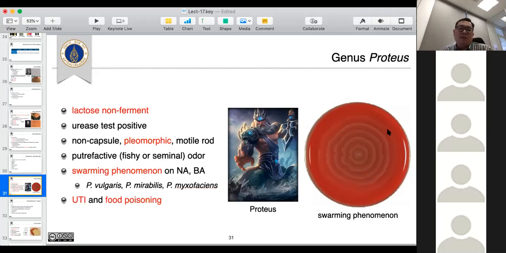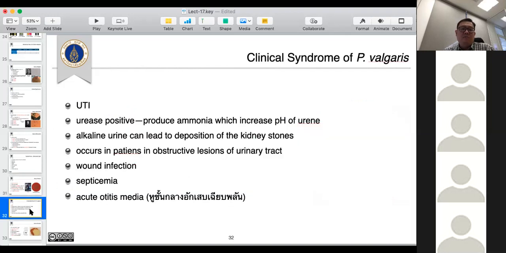Proteus causes food poisoning and also urinary tract infection. Cultures of Proteus smell fishy, quite a bad smell, when you incubate them.